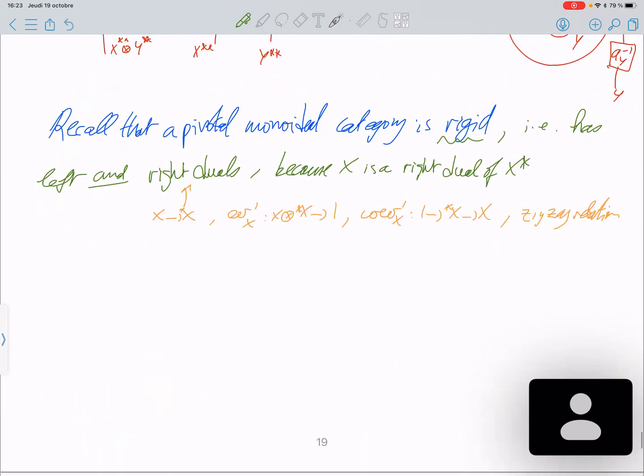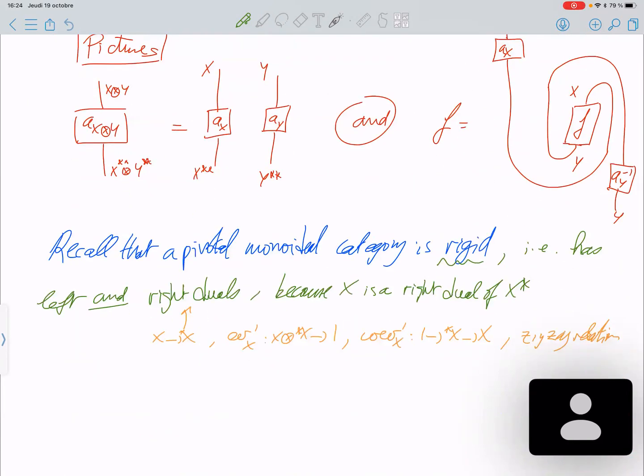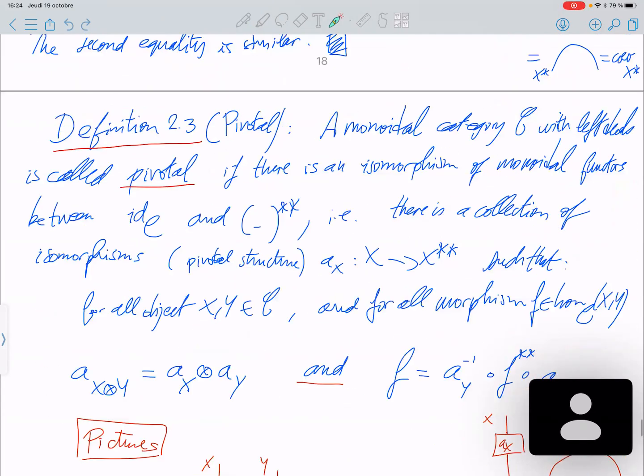In particular, it makes sense to consider every object as a dual of another object. So every object can be modelized as a dual of such a dual, and X is a right dual of this one. So is it completely clear what I am saying?